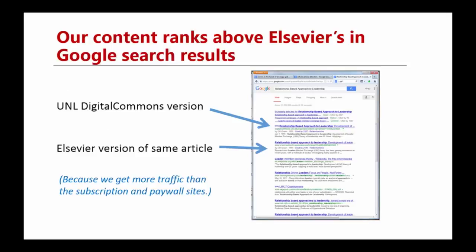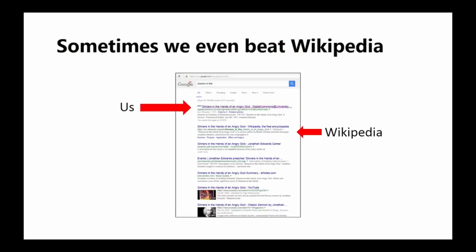And the reason for that is we get more traffic than sites that are behind a paywall and subscription, because we are free. Free full text content to everyone who has an internet connection. That's kind of our business model. Sometimes, not very often, we even beat Wikipedia. I say sometimes, I mean once.